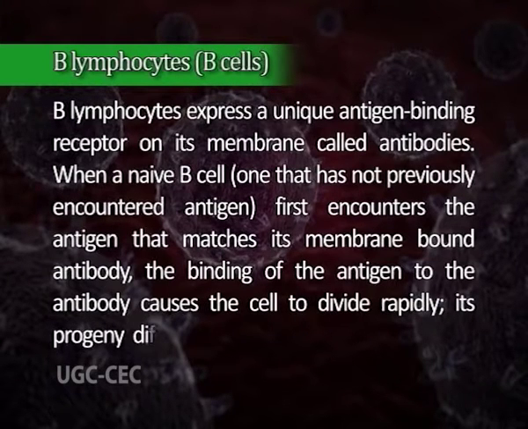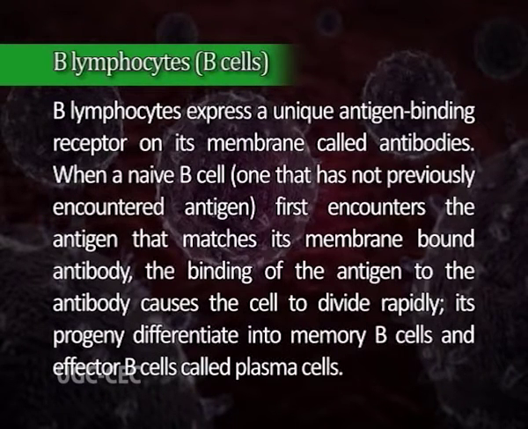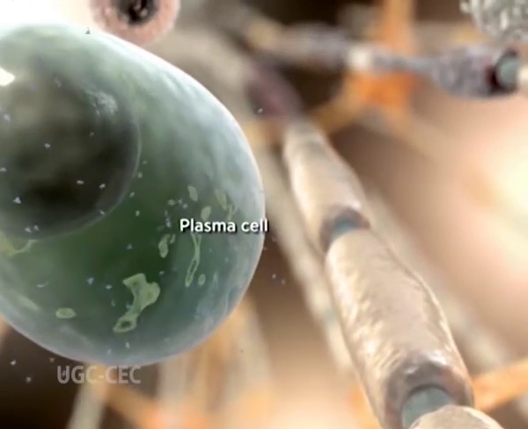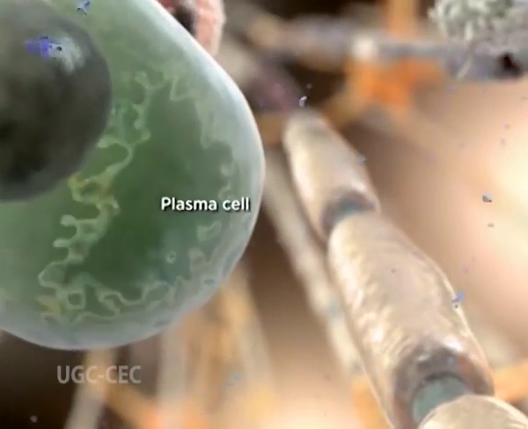Its progeny differentiate into memory B cells and effector B cells called plasma cells. Memory B cells have a longer lifespan than naive cells, and they express the same membrane-bound antibody as their parent B cells. Plasma cells produce the antibody in a form that can be secreted and have little or no membrane-bound antibodies.